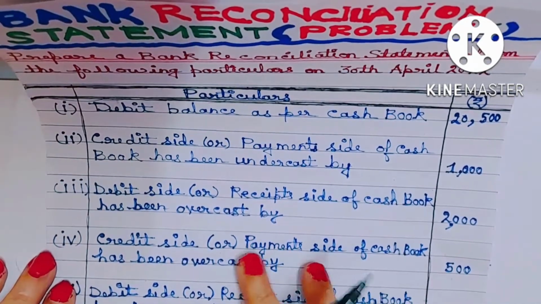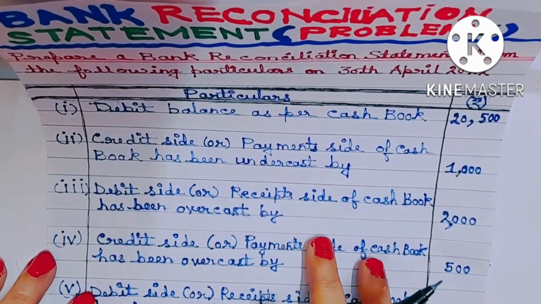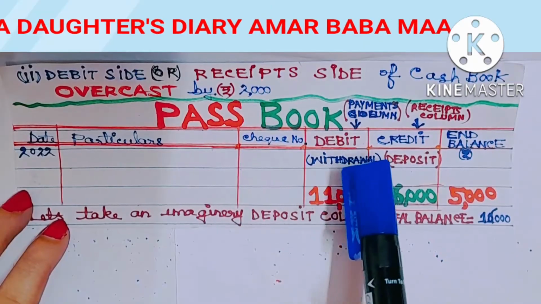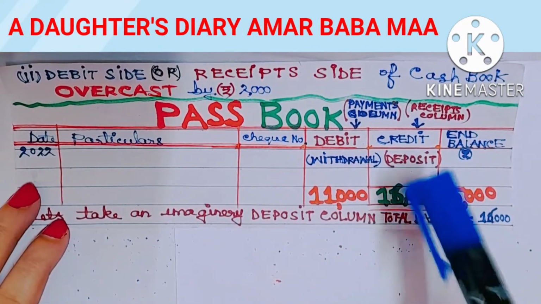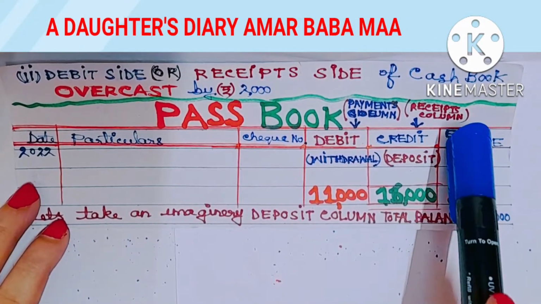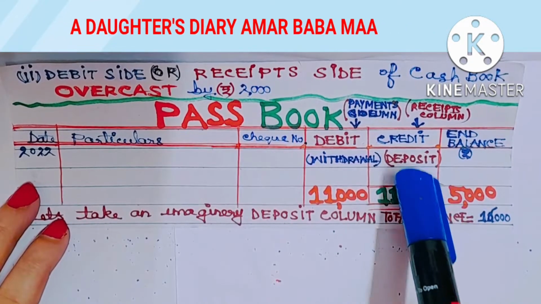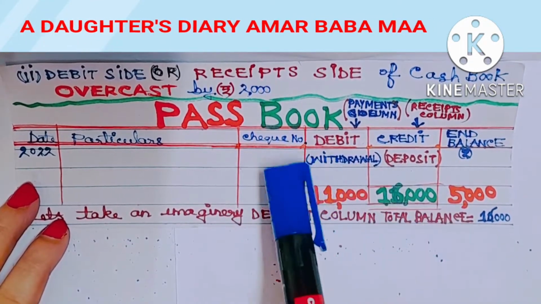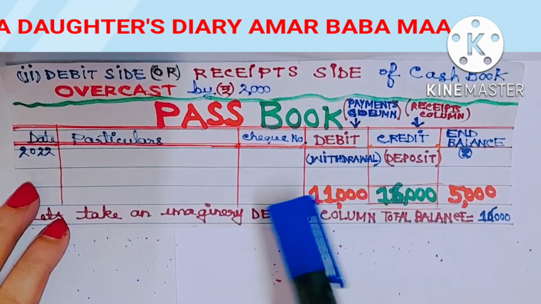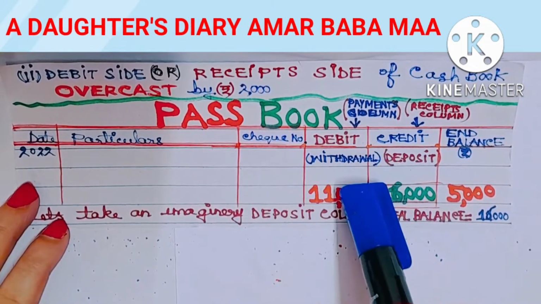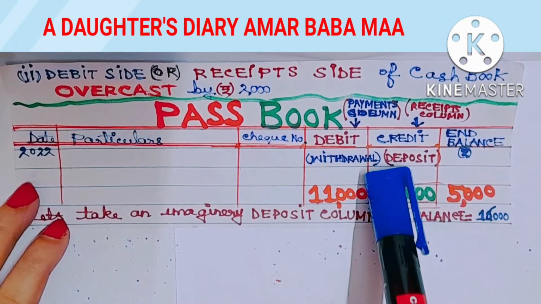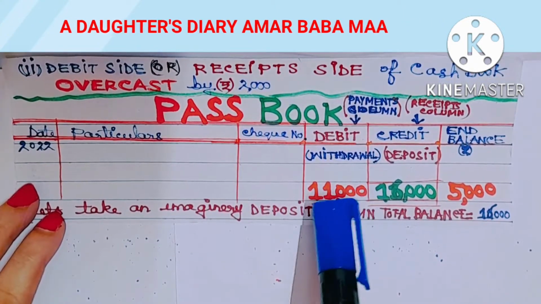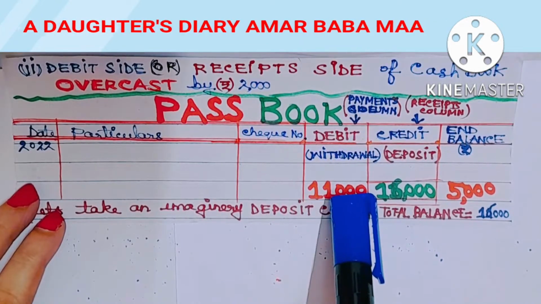So let me explain it with the help of a cash book and passbook. Okay. I told you the correct total of credit column or deposit column or receipt column of passbook or cash book should be equal to 16,000 and the correct total of debit column or withdrawal column or payments column of passbook or cash book should be equal to 11,000. But here debit side or receipt side of cash book has been overcast by 2000.